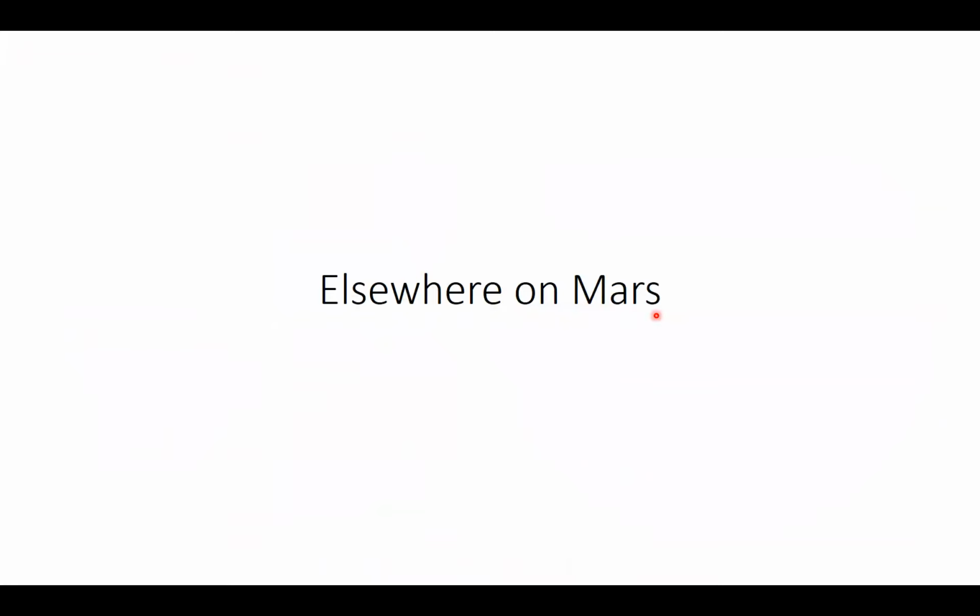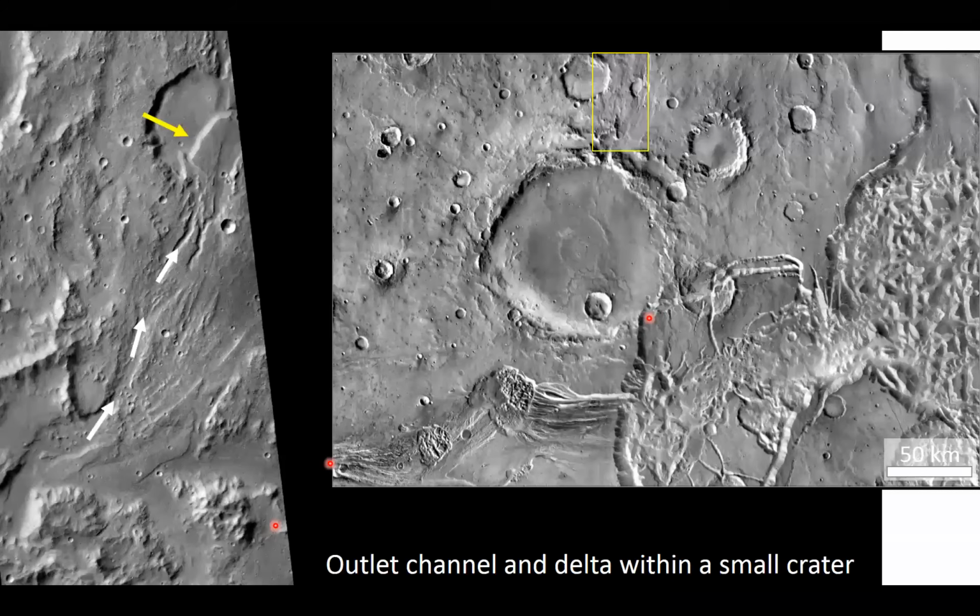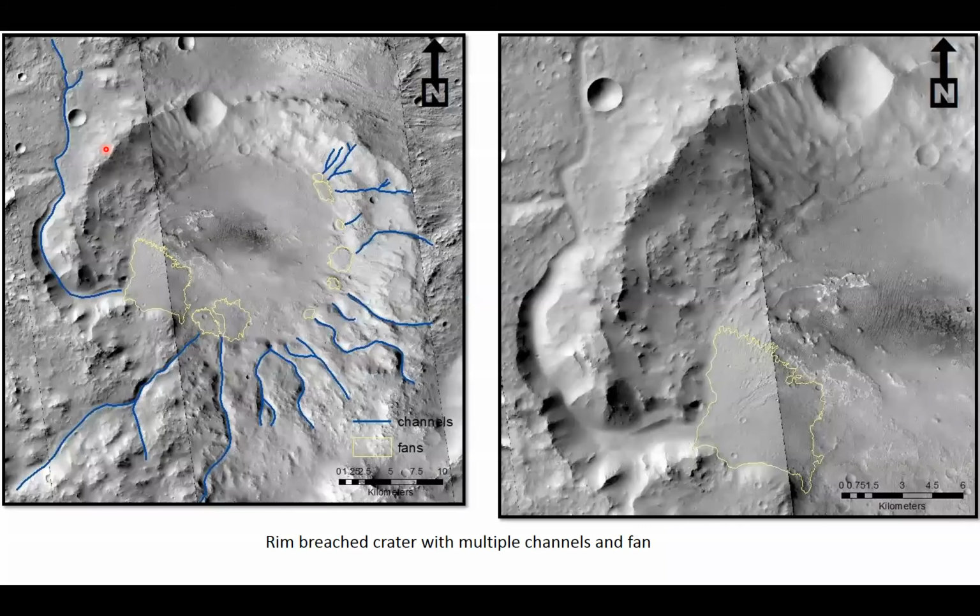What about elsewhere on Mars? Do they have similar scenarios? Yes, we are working on a few places, like craters where there was an associated channel and they have small deposits within that. And there are other rim breaches where, to form a large number of channels carving the surface and forming deposits, you need a good amount of water.